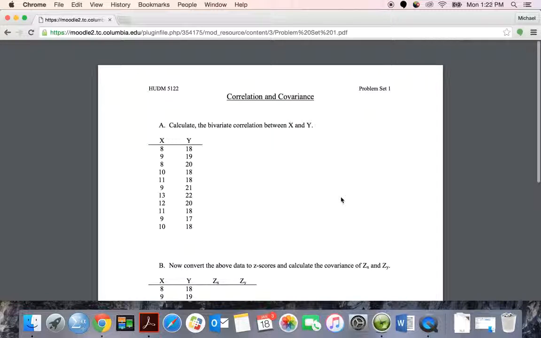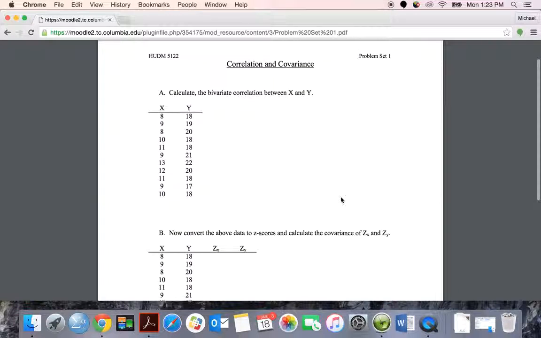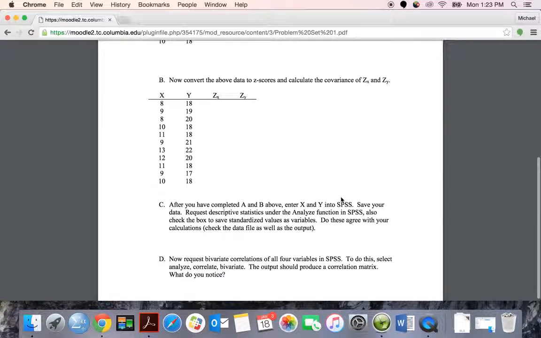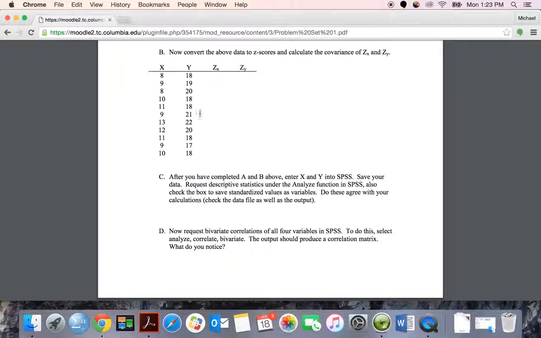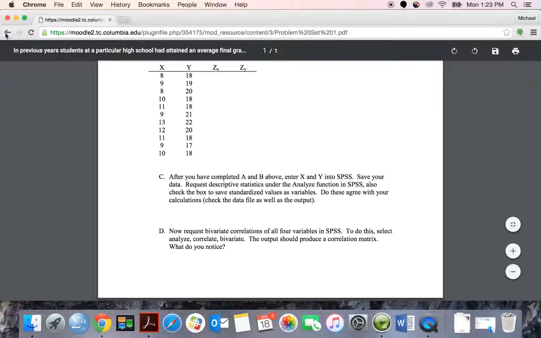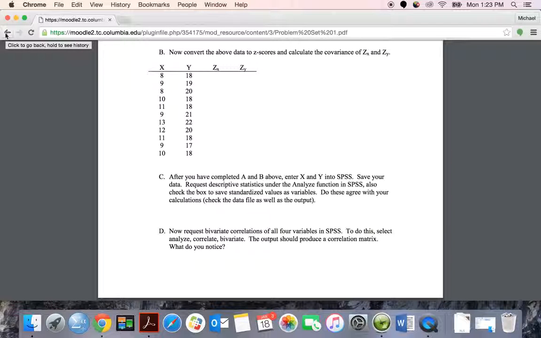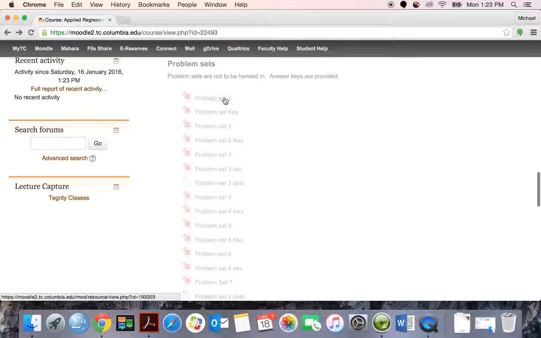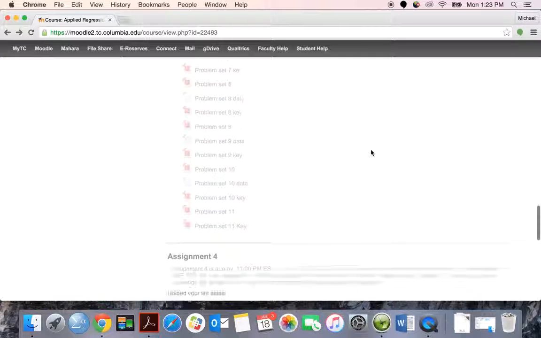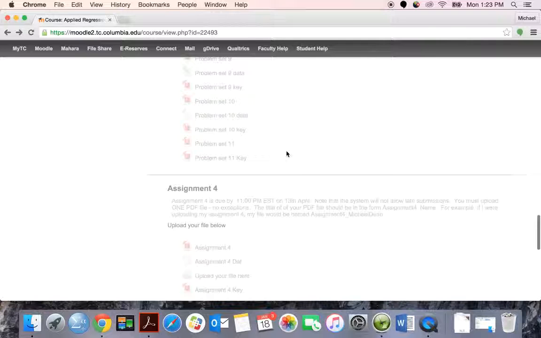This first one is just talking about correlation and covariance, as correlation is a pretty fundamental part of regression. We start off with that. You should have covered this a bit already in the prerequisite for this course. But I would try these problem sets first, but the key will be available for you whenever you want to look at it. And these will be opened up, and you can see there's about 11.